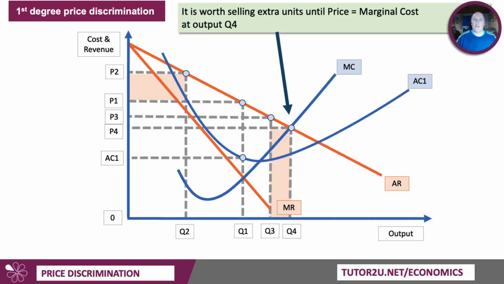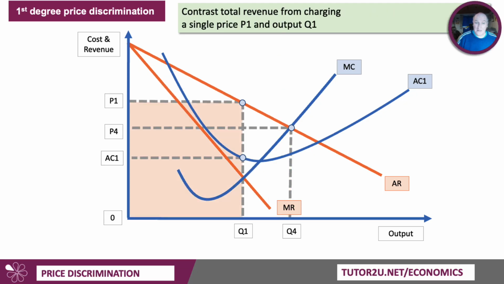Don't forget, the marginal cost is the cost of selling to the next consumer. Okay, so at P4, you're getting price P4, and it costs you P4 to sell to that consumer. So at that point, the marginal profit becomes zero. You won't sell lower than P4 because it would cost you more to sell to those extra people than you'd get back in revenue. So in theory, there's your revenue from just charging a single price P1, but there's your revenue if you charge prices up to and including output Q4.